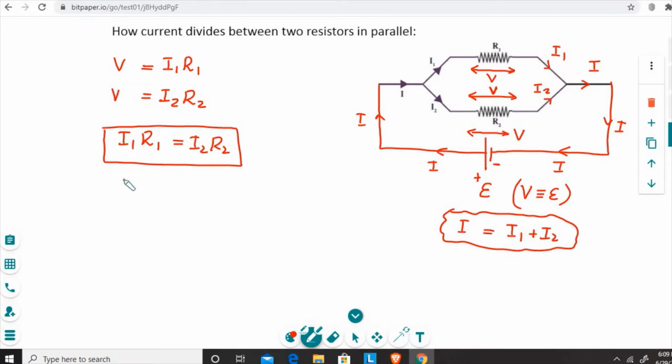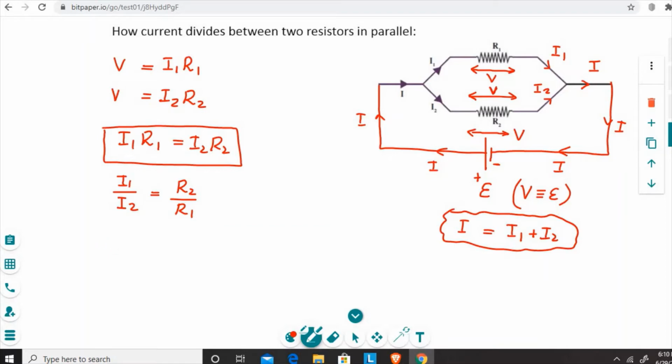For example, I can write I1 over I2 is equal to R2 over R1. So that means you can see I1 is proportional to 1 over R1 and I2 is proportional to 1 over R2.